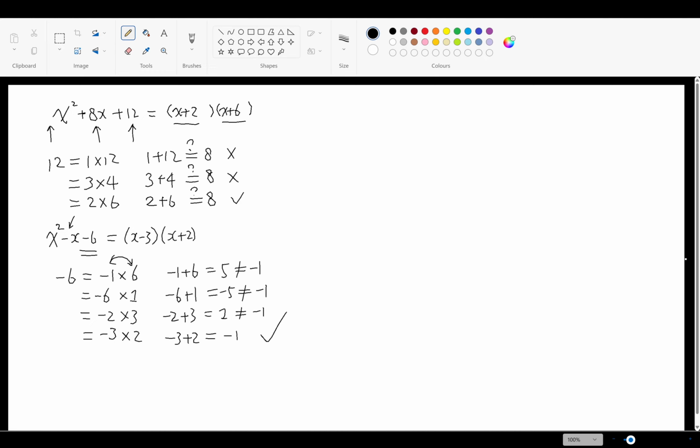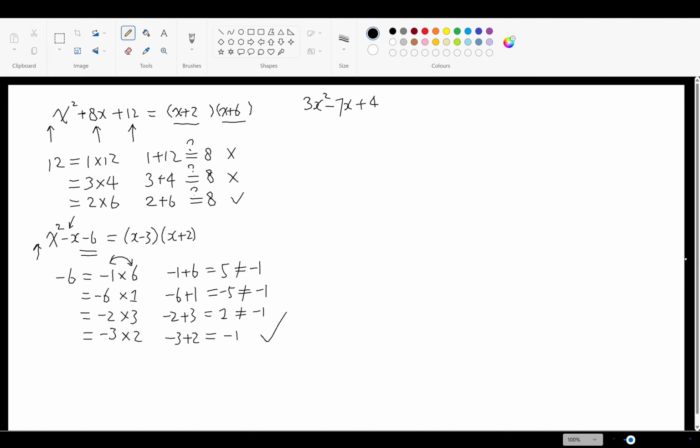Okay, all good. But what if the coefficient of x squared is not 1? In that case, we can have a different way. Actually, that's the main thing I want to share with everyone. For example, we have a quadratic expression 3x squared minus 7x plus 4.